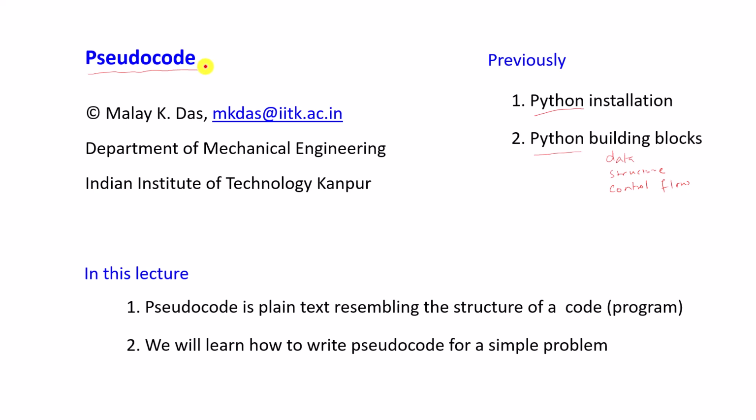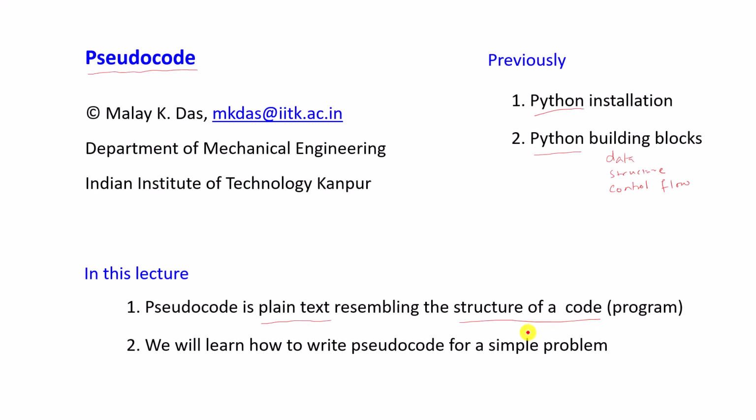When we write pseudocode, as you will see quickly, we focus on the problem at hand, we focus on how to solve it, we focus on how to properly instruct a machine how to solve it, and we don't go deep into language-specific features. So essentially, pseudocode is plain text which has sort of a structure of a code, but it is not a code.